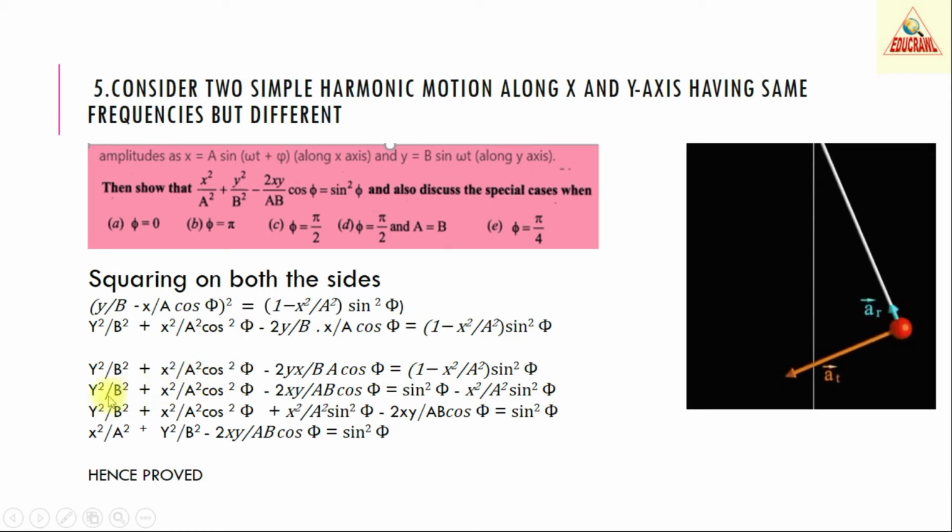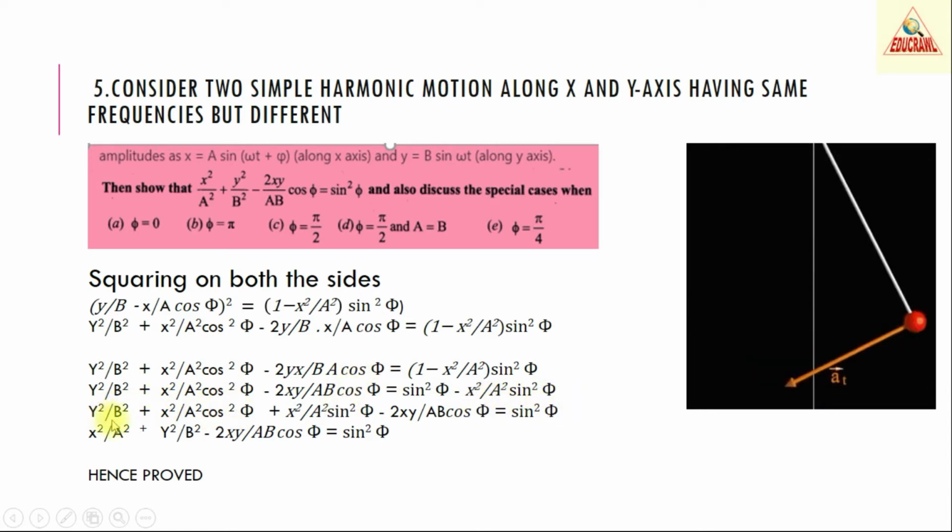So the equation becomes y squared by b squared plus x squared by a squared into cos square phi minus 2xy divided by ab into cos phi is equal to sin square phi minus x squared by a squared into sin square phi. Now the second term in RHS, I am taking it into LHS. So it becomes plus x squared by a squared into sin square phi on the LHS.